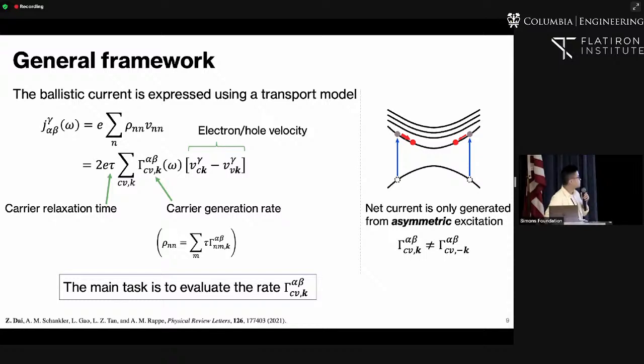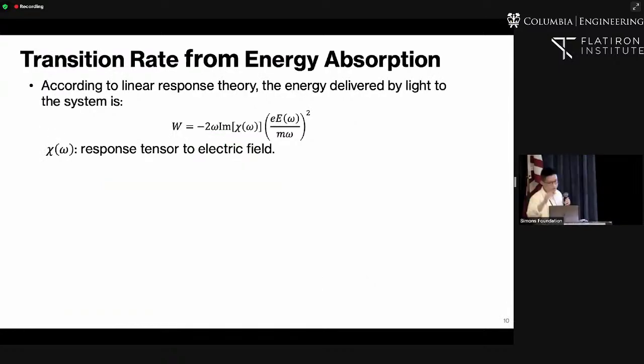Okay. So how do we get this carrier generation rate? We can start from the linear response theory to compute the energy that is absorbed during the photoexcitation. You can show that the absorbed energy is proportional to the susceptibility tensor and the electric field.